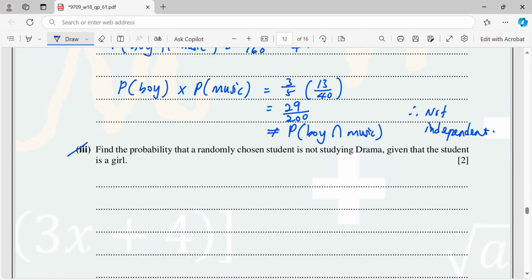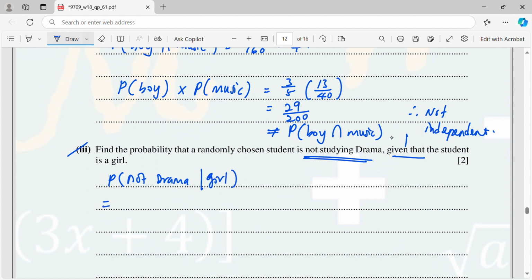Now part 3. Find the probability that a randomly chosen student is not studying drama given that the student is a girl. Given that means conditional probability. So now it's not drama given that it's a girl.